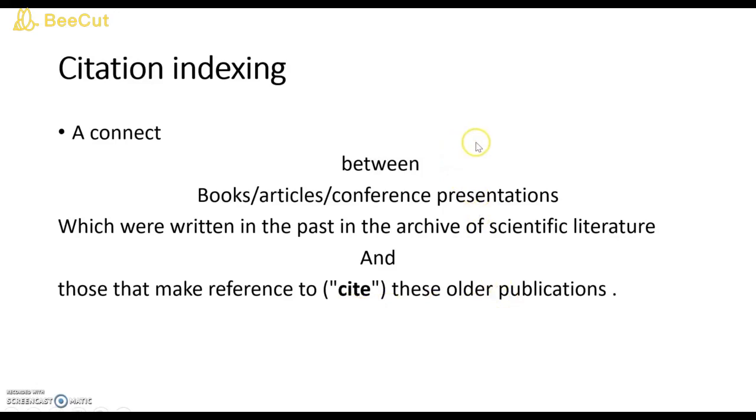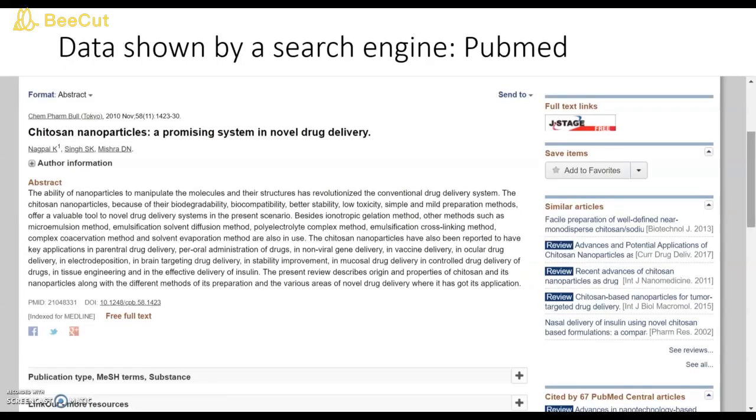So citation indexing is a connect between the books or articles or conference presentations which were written in the past, and in the archive of scientific literature it is available, and now I'm making it a reference for these older publications. So if in my lab this particular work is being done which utilizes any of the method which is described in this particular paper, I may refer to this paper for the citation of that particular one.